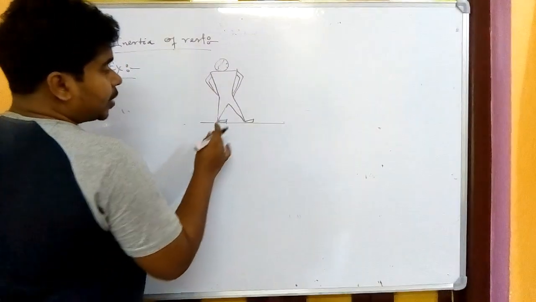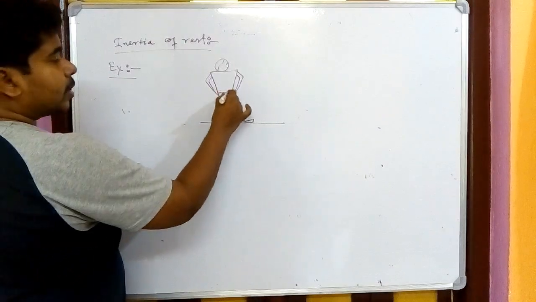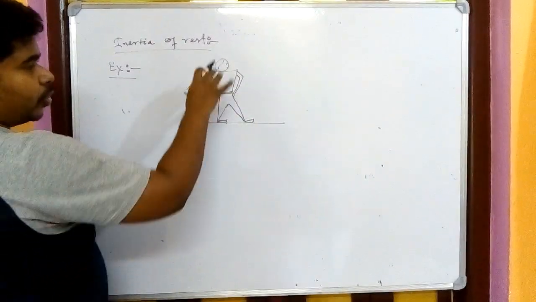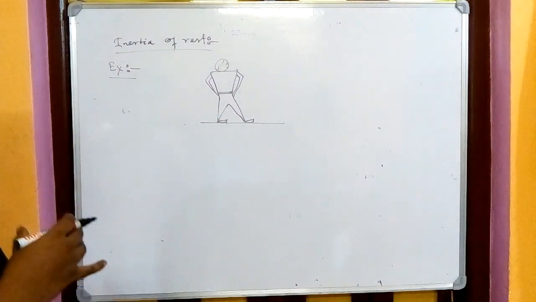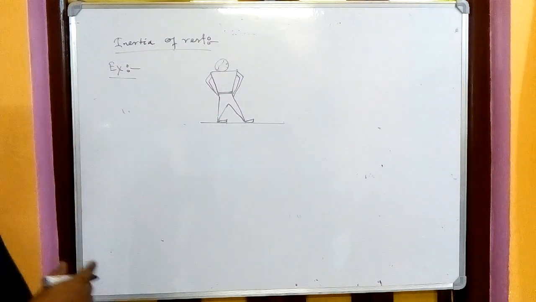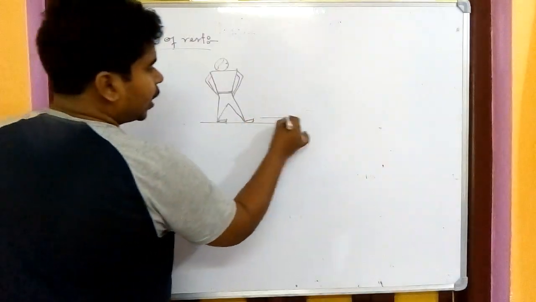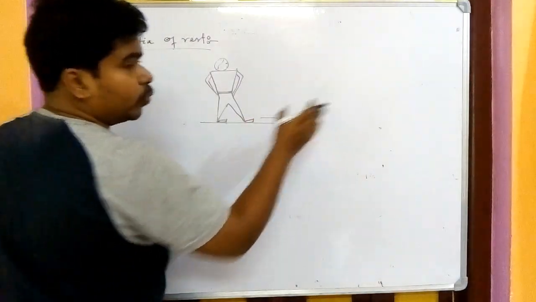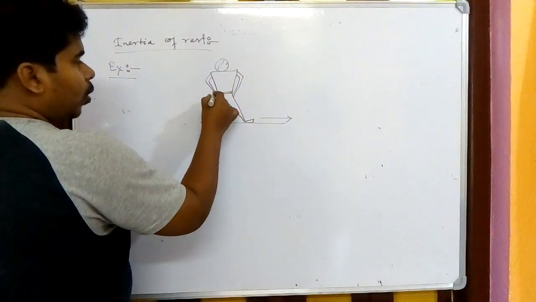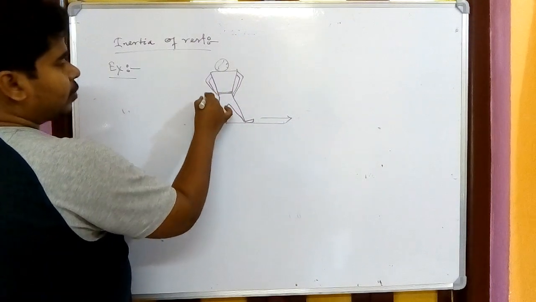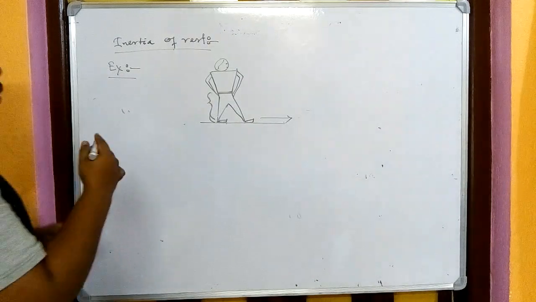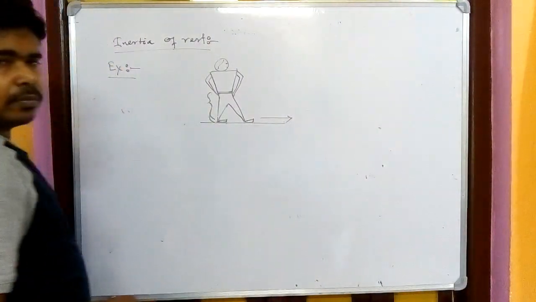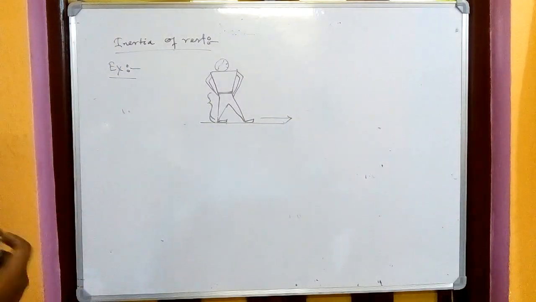When it suddenly starts, as the person is standing, his body is in inertia of rest. When the platform moves, the lower portion of the body goes with the platform because it comes into motion.